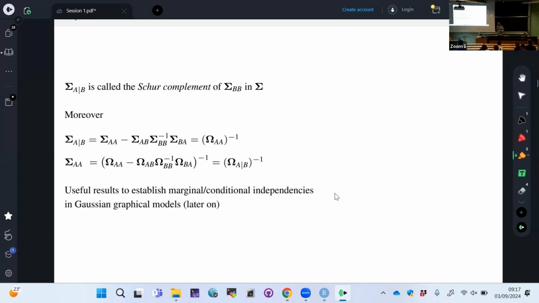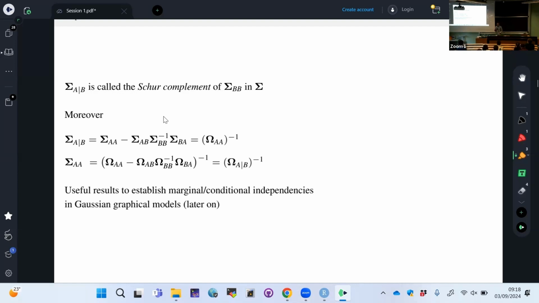Okay, no? Anyway, we have a couple of important results about Schur complements, which I reported here. Our conditional covariance matrix, sigma_A|B, is given by this expression, which coincides, interestingly, with omega_AA to the power -1, the inverse of the diagonal block of omega with components indexed by AA.